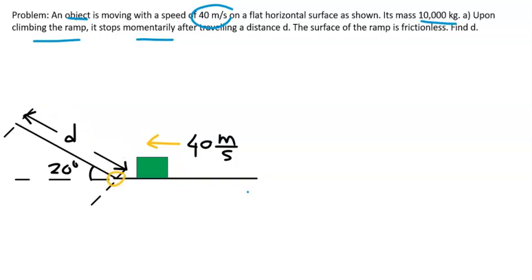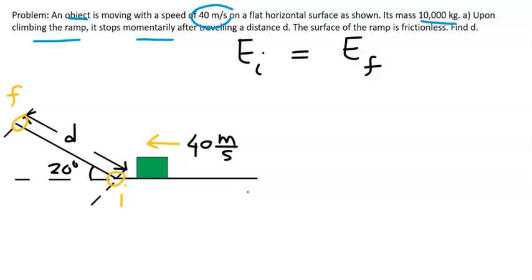Let's choose that point to be the initial point and that point to be the final point. We write down the sum of energies before and after, namely the energy the object has at the initial point must be the same as the energy it has at the final point.